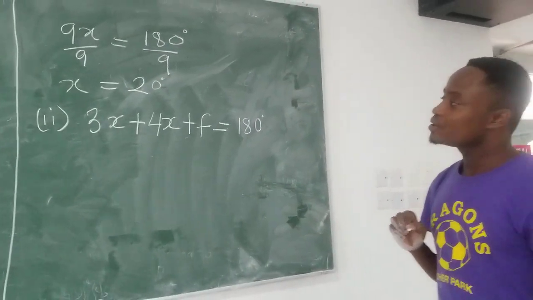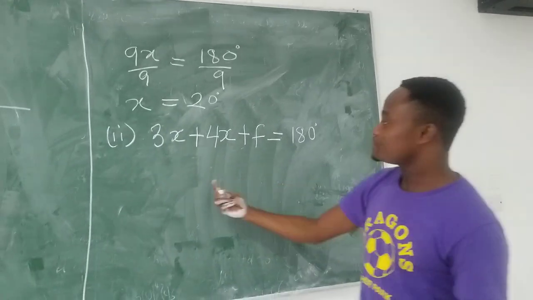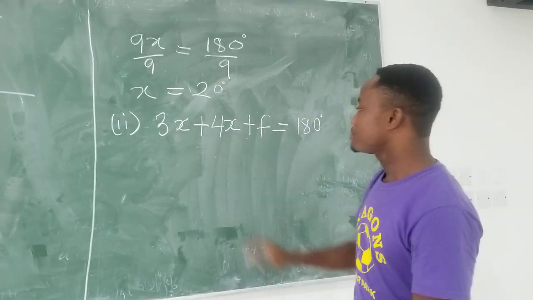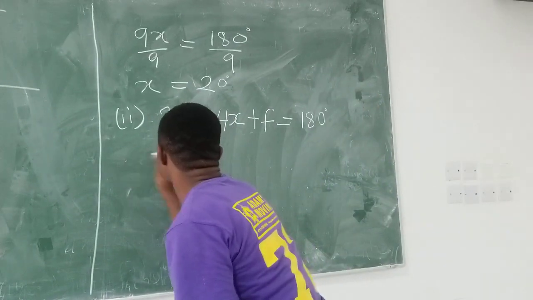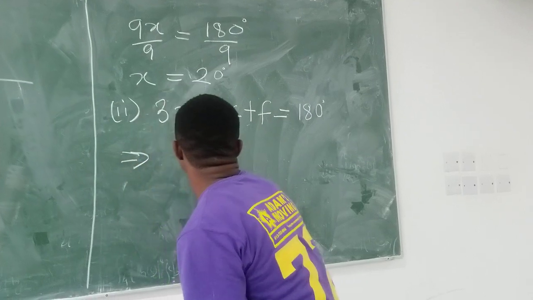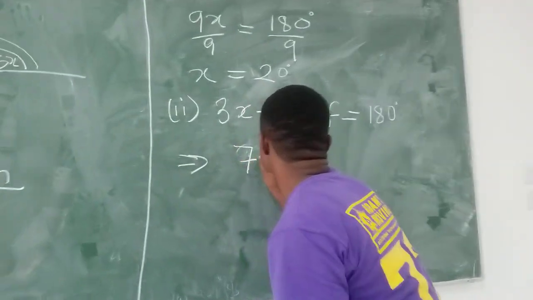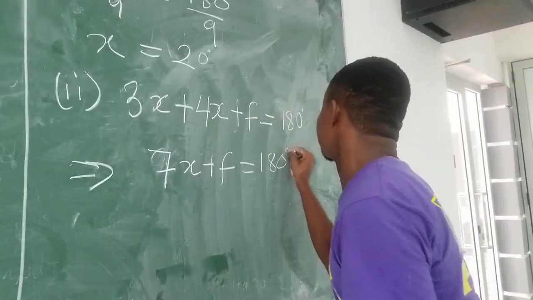But one thing is, we know our x. So the next step is to substitute our value of x in this equation. But still, we can do one more step. So we can have something like 7x plus f equal to 180 degrees.